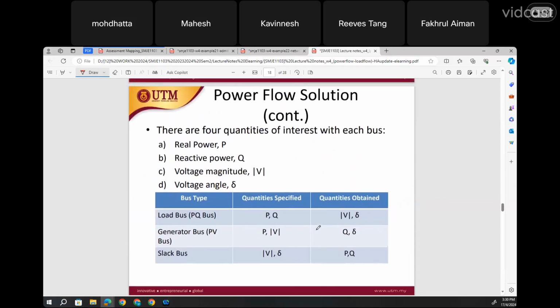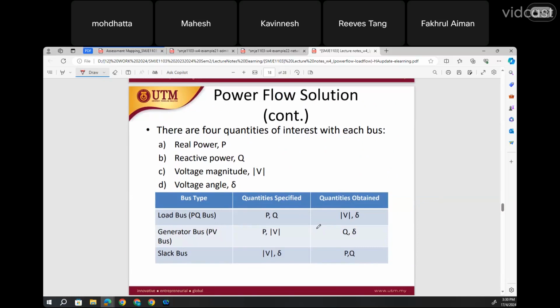All right. There are 4 quantities that we are interested in for each bus within the buses. First of all, we need to know the real power, reactive power, and also the voltage information, voltage magnitude as well as voltage angle.